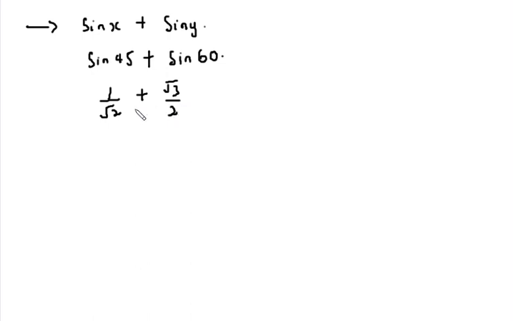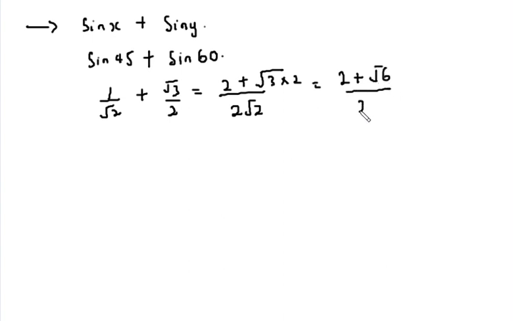Then you add both of them. The LCM is 2 root 2, so this will be 2 plus root 3 times 2. Ultimately we'll have 2 plus root 6 over 2 root 2.